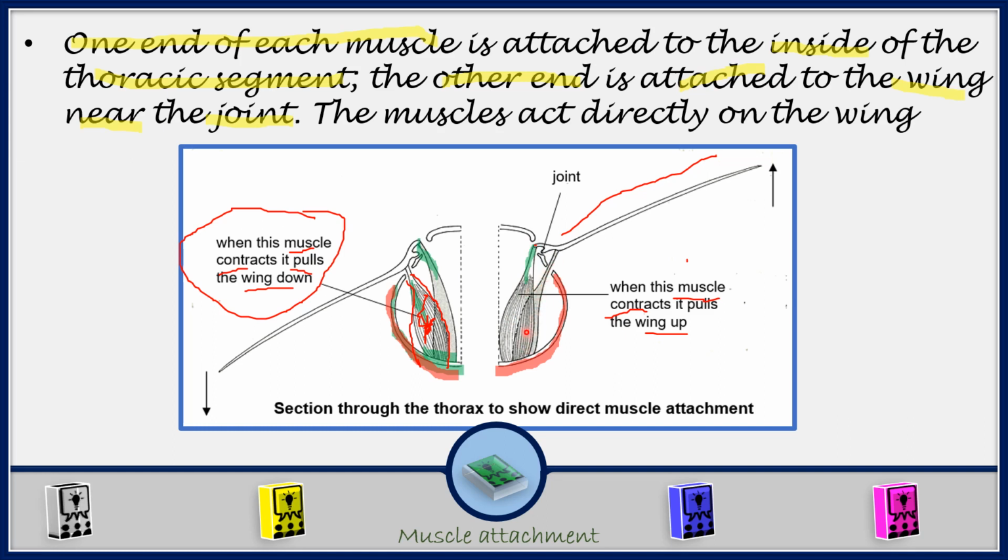These two muscles, they work antagonistically, meaning that one is relaxing, another one is contracting. The one which is contracting is the one which is pulling, and the one which is relaxing is the one which is thin. So this one will relax and this one will contract, and now the wing will go upwards.